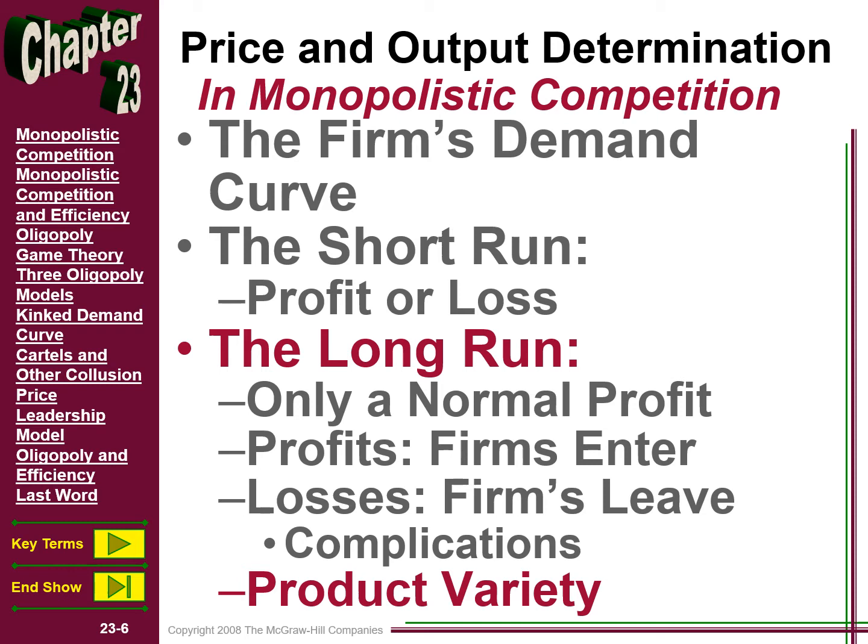So one of the interesting aspects of analyzing the long run of monopolistic competition is this trade-off between less than perfect efficiency and increased product variety. And we'll see this graphically towards the end of this presentation.